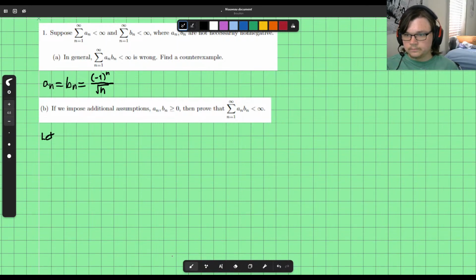Let a equal the sum from n equals 1 to infinity of a sub n, and b equals the sum from n equals 1 to infinity of b sub n. I don't even think we need that second part.